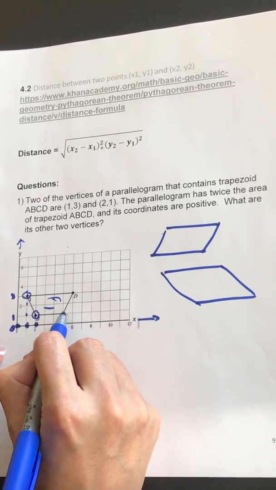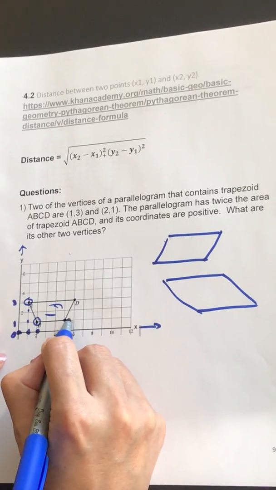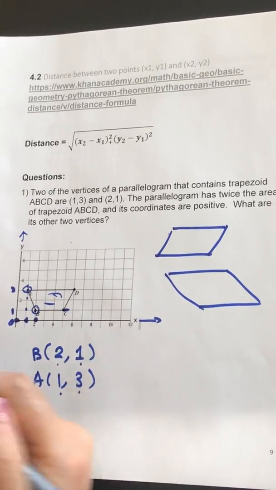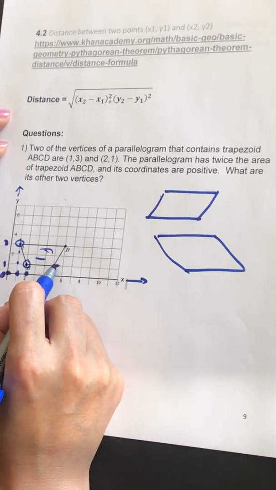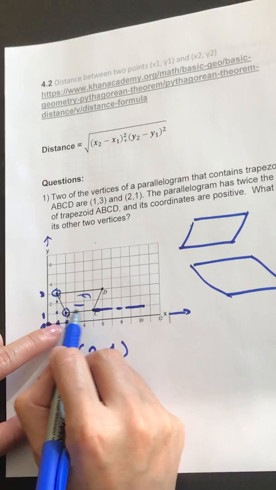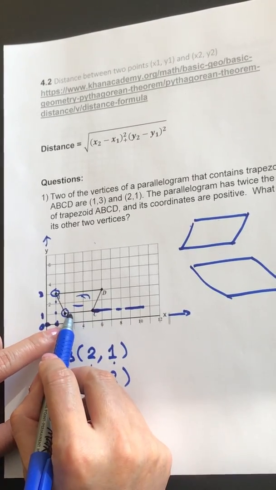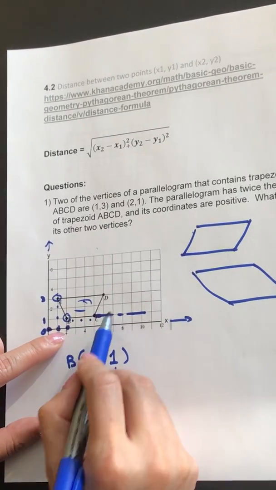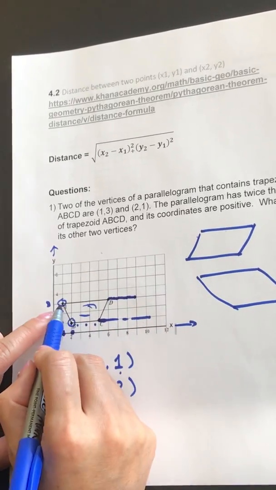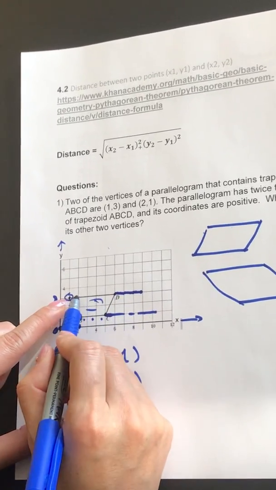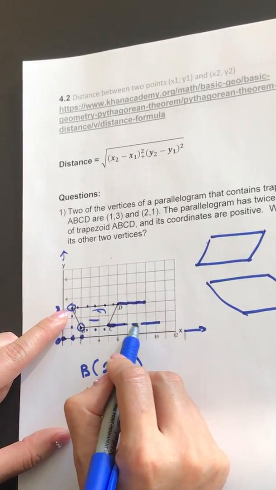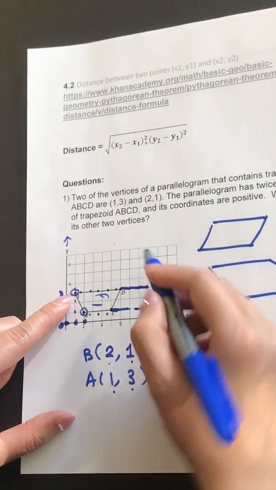So if we extend, if we have 2 of the trapezoid, then your area would be twice. B to C has 1, 2, 3 units. From A to D, the horizontal distance is 1, 2, 3, 4, 5 units.